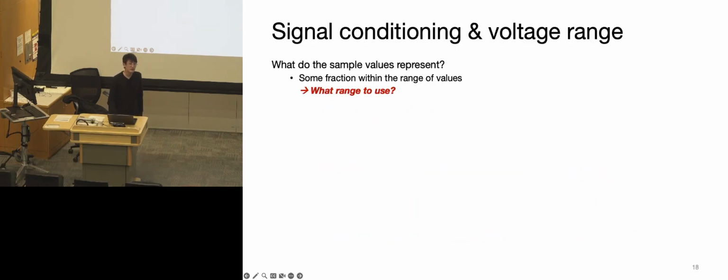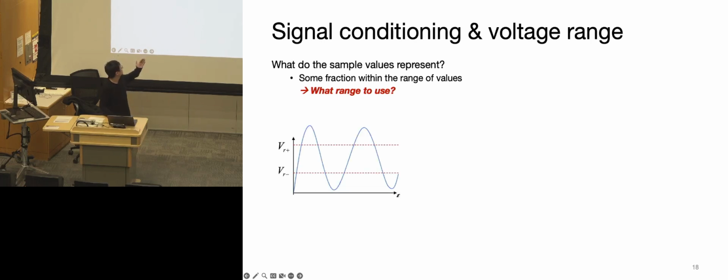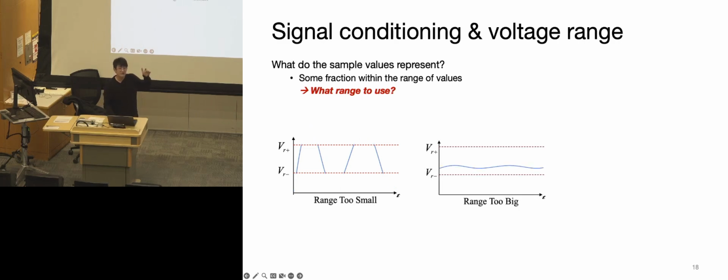Yes, so we talked about the two reference values of this ADC sampling, and that determines what the sampled values are. But how do we decide which range to use? If we have this signal and we choose the two reference voltage values to be that, we're going to end up with cutoff signals. So that would not make sense. And it also doesn't make sense if the range is too big.